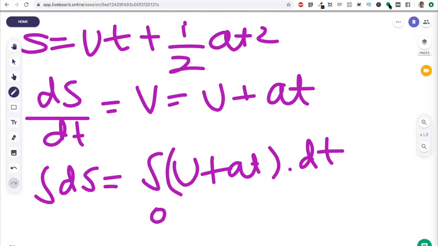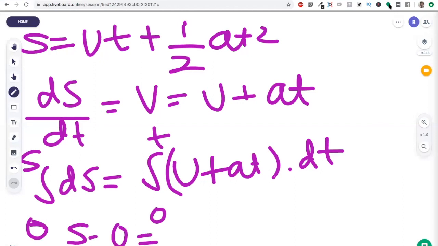Once we put the limits, we will find that s minus 0 comes out to be the integral of u plus at into dt. Here u is initial speed, which is considered to be constant, and acceleration is also constant. So we will take these outside the integration.